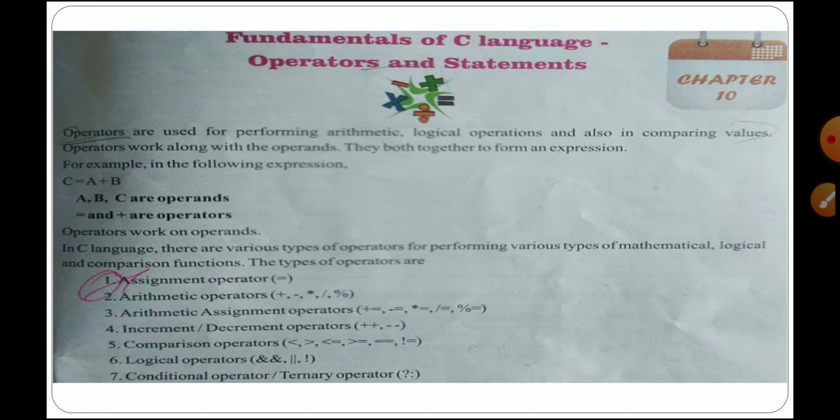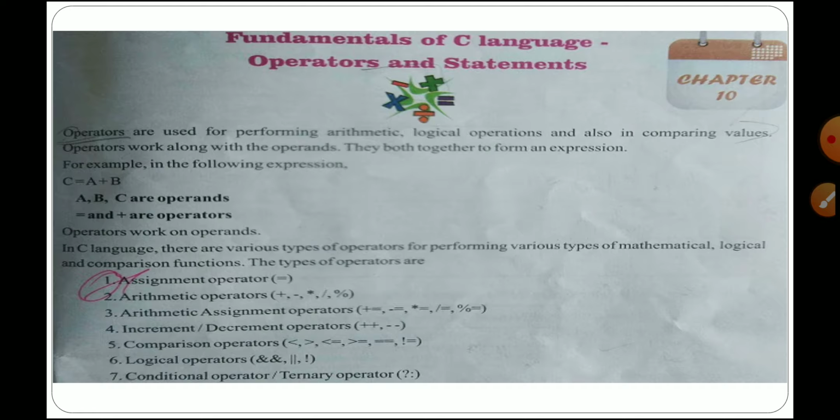We have 3 types: the AND operator, OR operator and NOT operator. Seventh, the conditional operator or ternary operator, with the symbols question mark and colon. These are the types of operators.